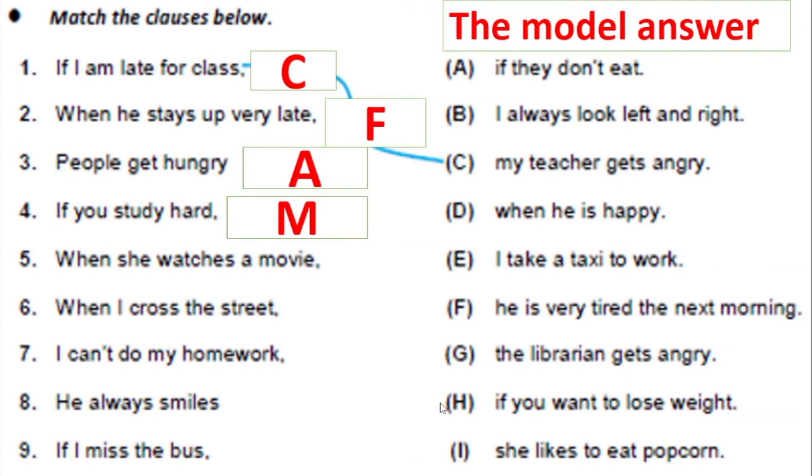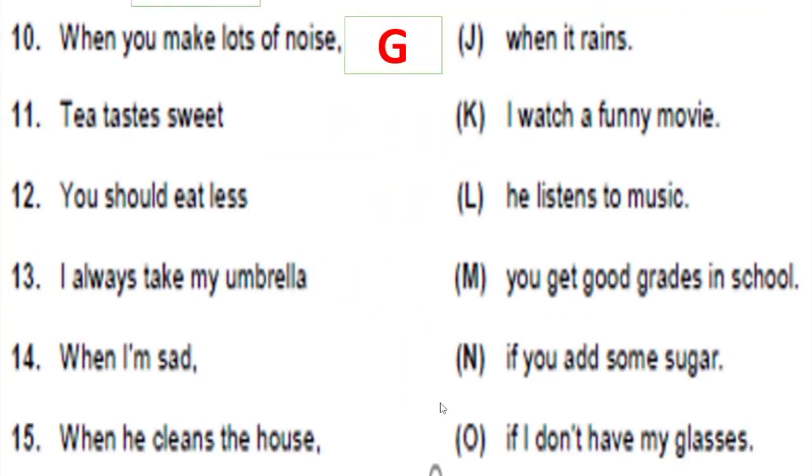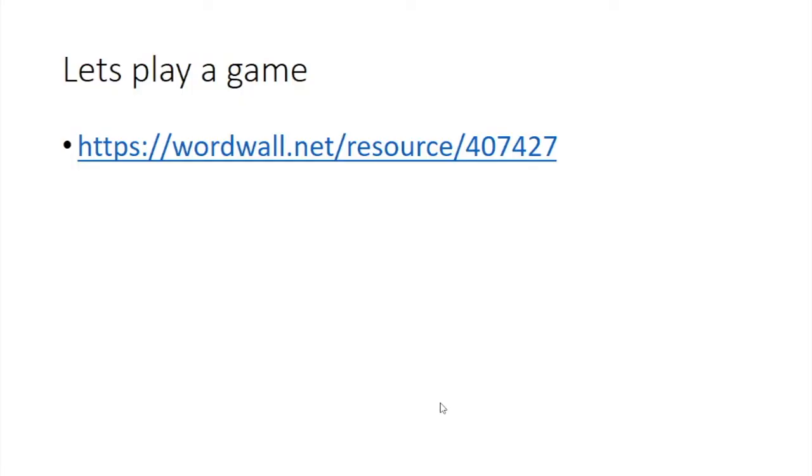It's quite simple for you to do. Since it's too long, there are more than 20 sentences about that. So I think by this we come to the end of the task. I'm sorry for not completing the whole task. You can do it on your own. And now it's your turn to do the word wall game at home.